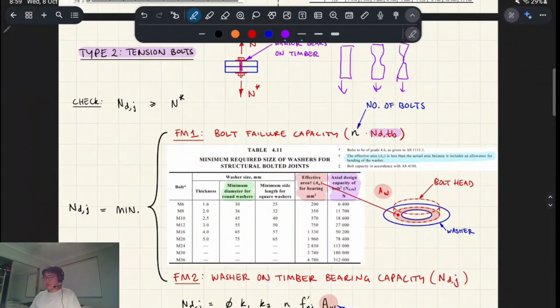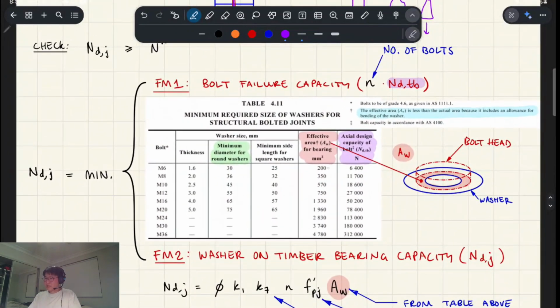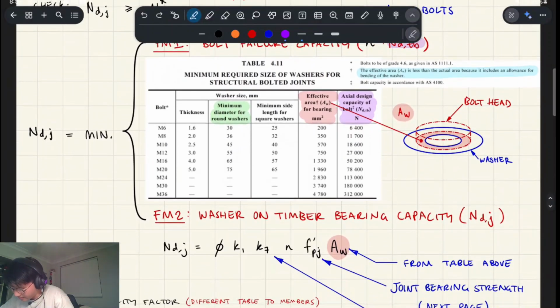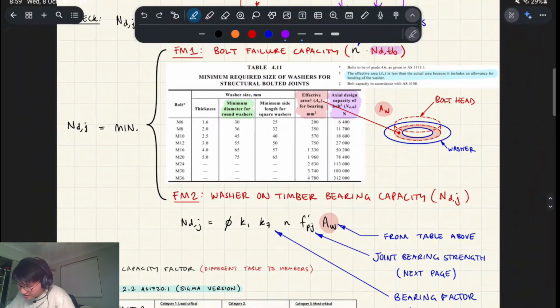That's simply based on a table. This table's pretty handy because it tells you what the effective area is. Based on this description here, I've drawn what the effective bearing area is. You've got the washer and the bolt head, and where they interface is your effective bearing area.